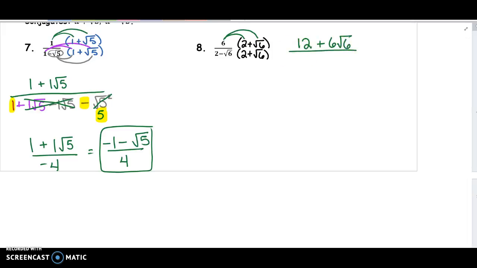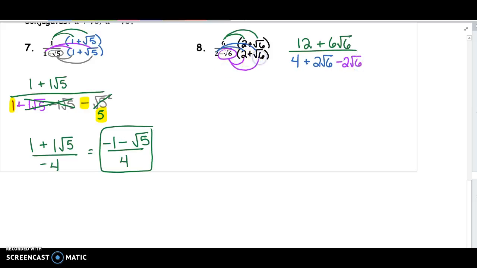In our denominator, 2 times 2 is 4. 2 times the square root of 6 is 2 times the square root of 6. When you distribute the negative square root of 6, negative square root of 6 times 2 is negative 2 square root of 6.